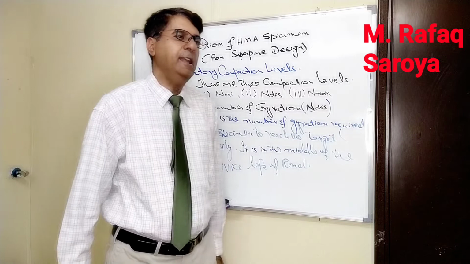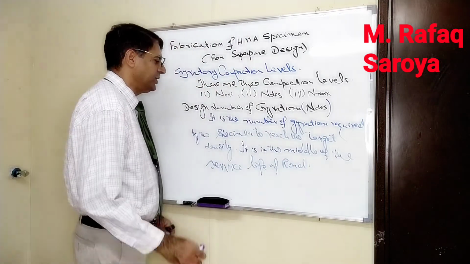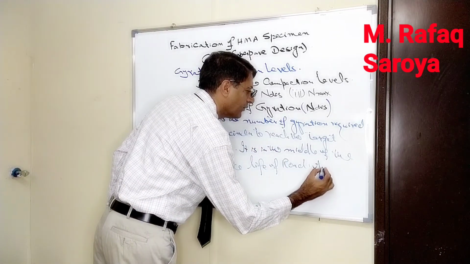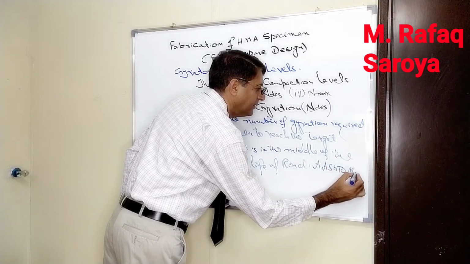Now, as in Nini, we had specified this value, what should be the value of this one? Its answer is AASHTO M323.